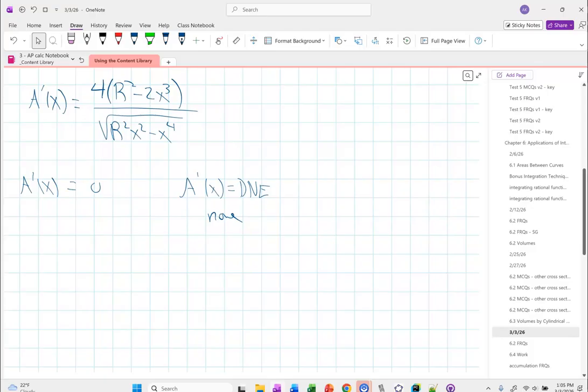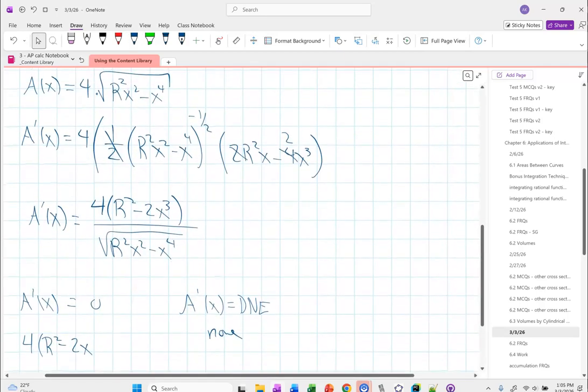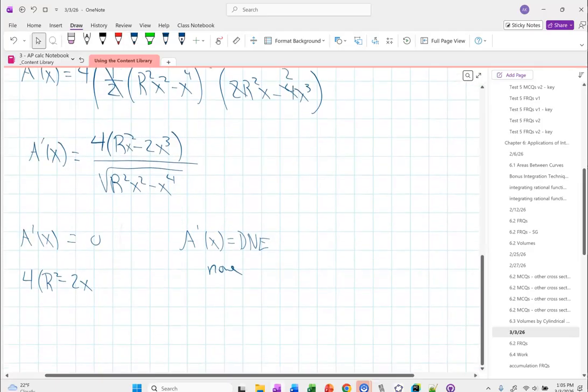This is a fraction. When is a fraction equal to 0? When the numerator is 0. So I can just forget about the denominator. I forgot the x here. R squared x.